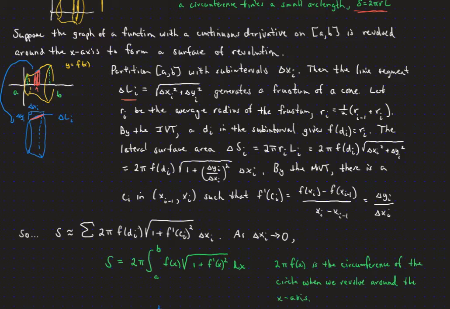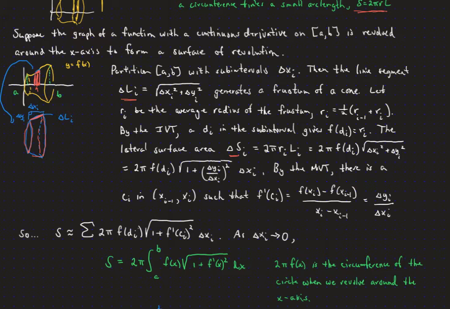Then our lateral surface area, this is just a little piece right there, the area of this little differential frustum right here, is going to be 2 pi r sub I times L sub I. Remember, we're headed towards trying to get something that looks like a Riemann sum, so that we can go from approximating this with some discrete sums into an integral, which will give us that exact area.